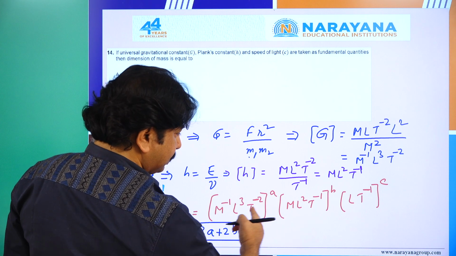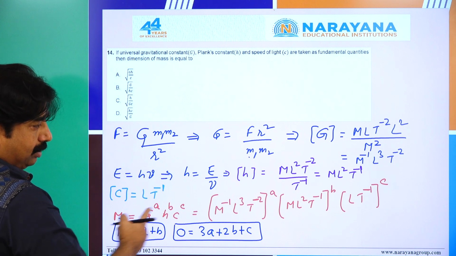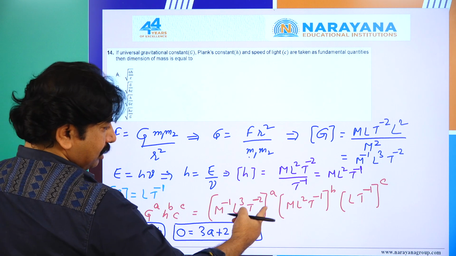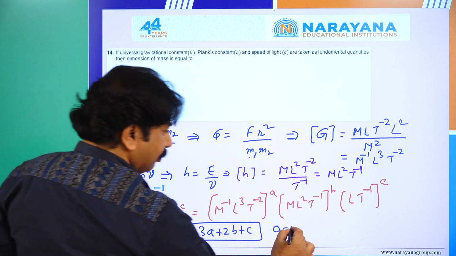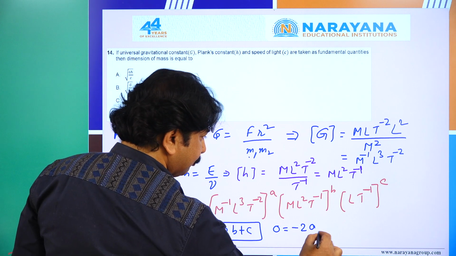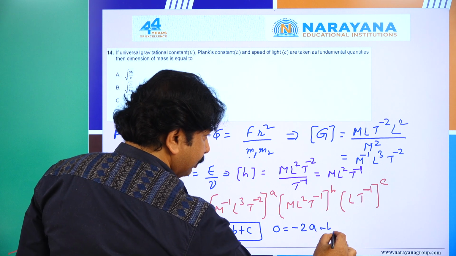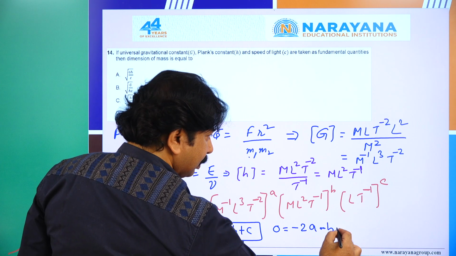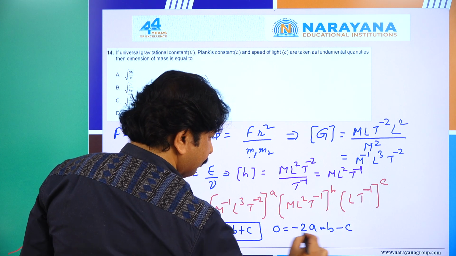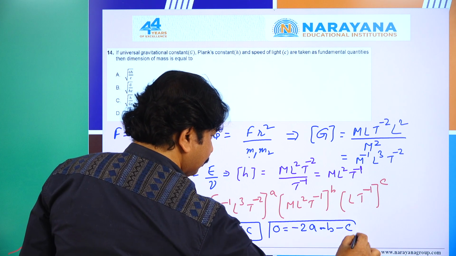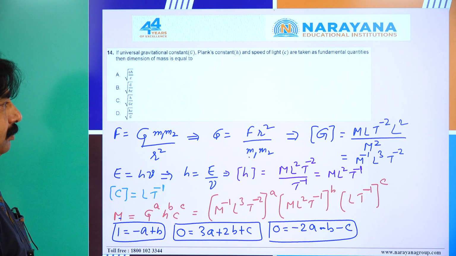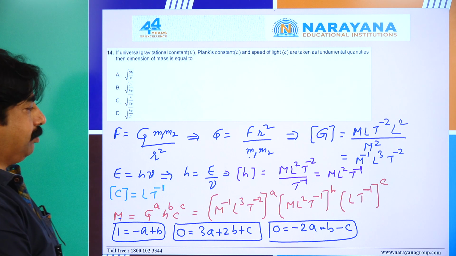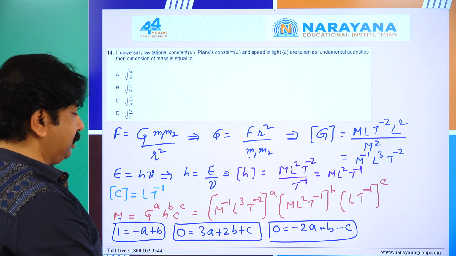Now last one, T power 0 on this side, 0 is equal to powers of T: minus 2a minus b minus c.